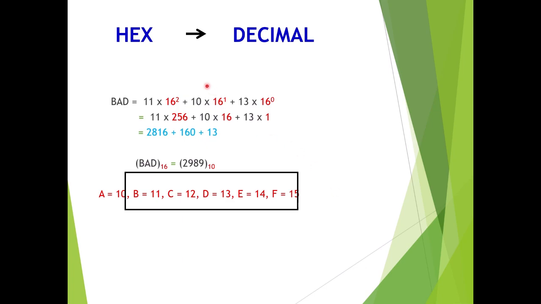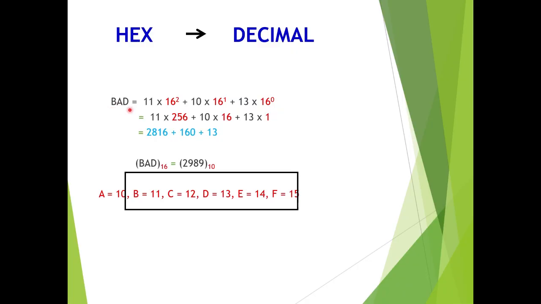Here again, how to convert a hexadecimal number into a decimal number system. For example, I have taken the hexadecimal number BAD. When we want to convert into decimal, we have to use 16 powers: 16 power 0, then 16 power 1, then 16 power 2.